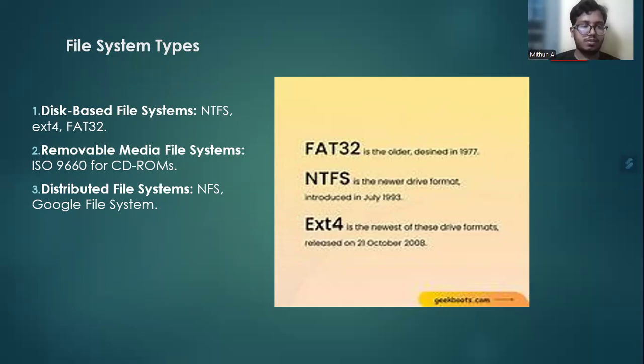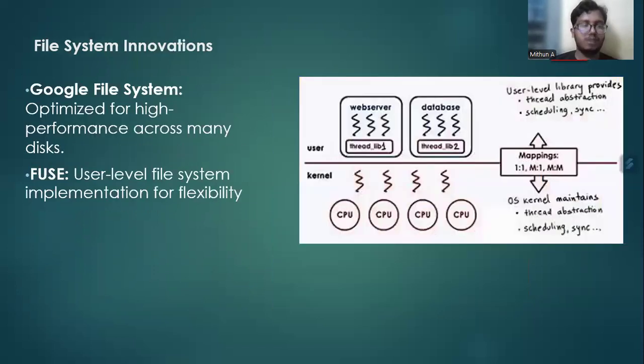And we have distributed file systems, where we have NFS and Google File System. The innovative file systems are Google File System and FUSE. Google File System is optimized for high performance across many disks, whereas FUSE is a user-level file system implementation for flexibility.